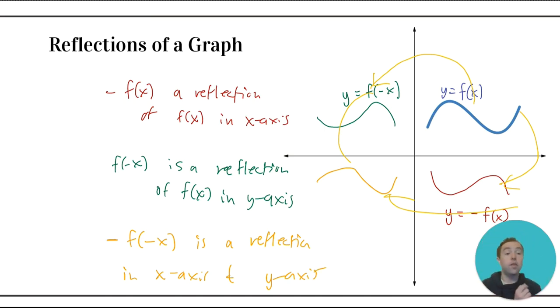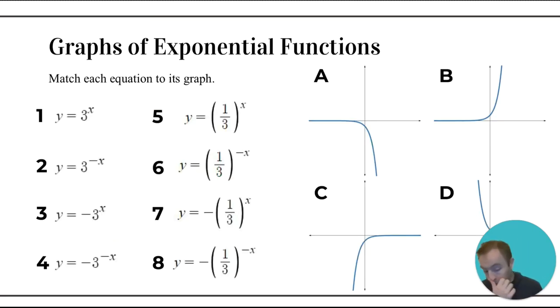Well, you're going to see how this plays out when we look at equations that have negative x instead of positive x in it, or if we negate the function, and how that plays out with reflections. Okay. So before we get there, just a little bit of other foundational information before we start meshing it all together right here.